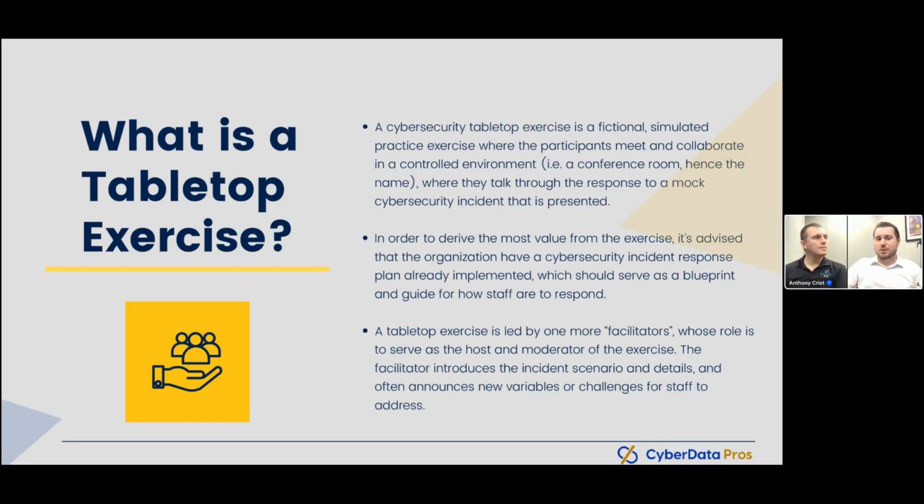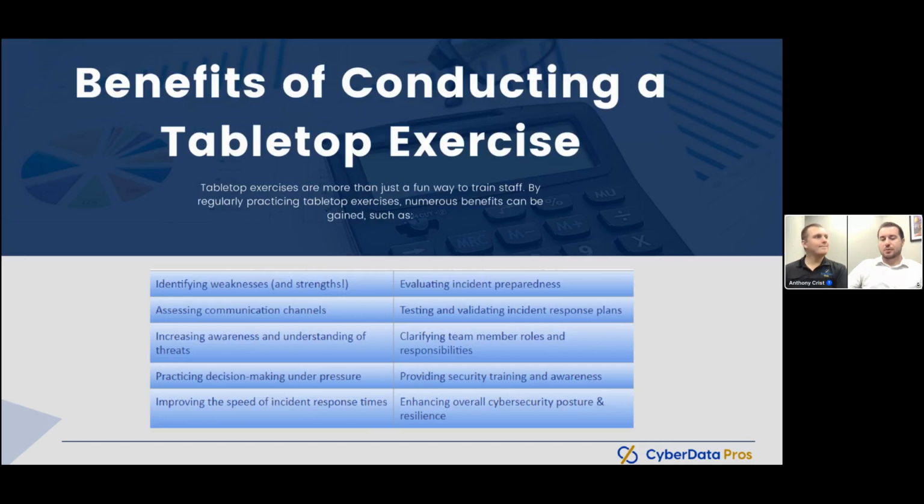But they're the ones leading the charge, and should be the only ones that really know the circumstances of the scenario. For everyone else, it's really meant to be a spontaneous discussion of sorts, so there isn't a lot of planning and scripting of, oh, I know what I'm going to say. And so with that, in today's exercise, I'll be serving in that role, and Corey will be the participant.